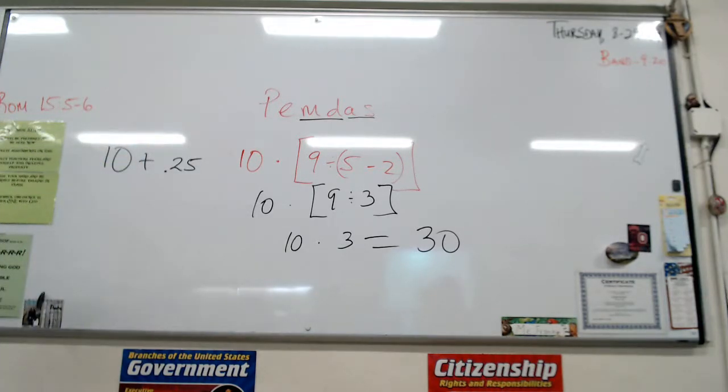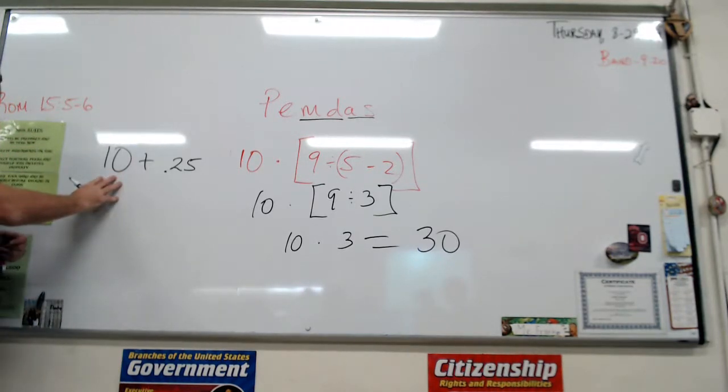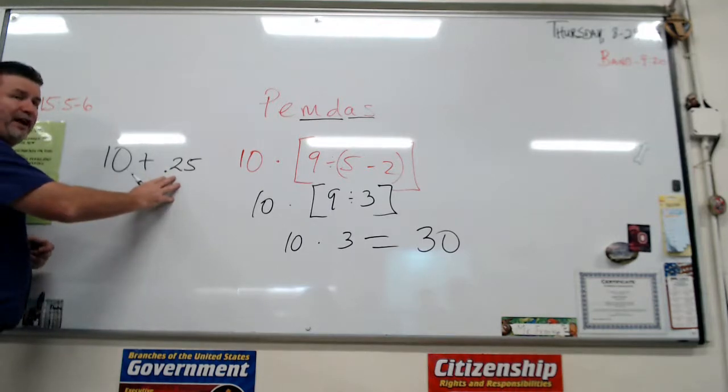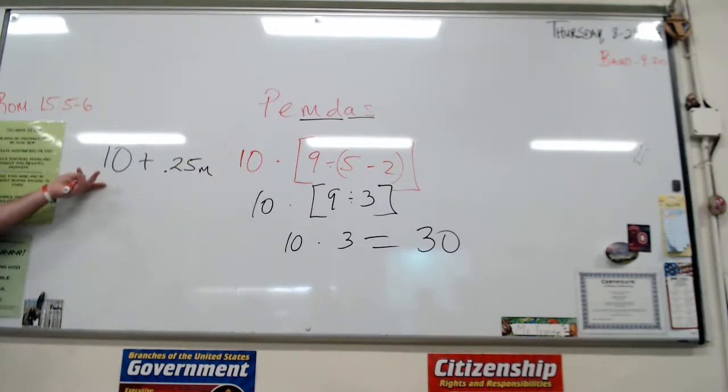Okay, the expression I'm going to set up looks like this: $10 plus 25 cents times every mile I walk. Is it okay if I write M for mile? Everybody look up here. Now we're getting into algebra. We're using a letter in our math.